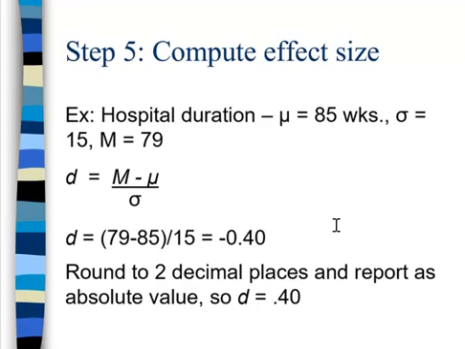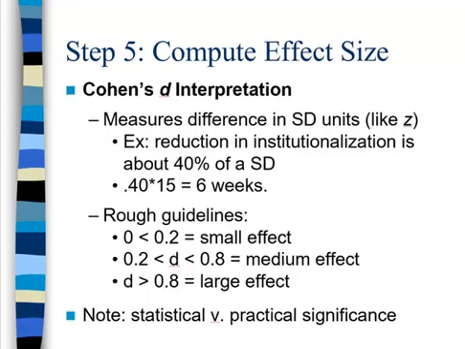So Cohen's d equals 0.40. In thinking about interpretation, again, that's a net effect of 6 weeks. It's a medium effect. So it's a pretty robust effect, right? It looks like the therapist's technique has dramatically reduced the effect of hospitalization for patients with schizophrenia.